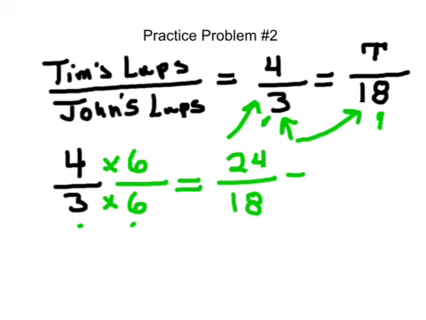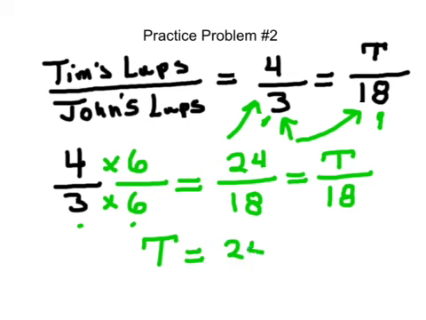And once again, that's supposed to be equal to Tim's laps when John's laps are 18. Well, you can tell by looking at those two ratios that in order for them to be equal, T is going to have to equal 24.